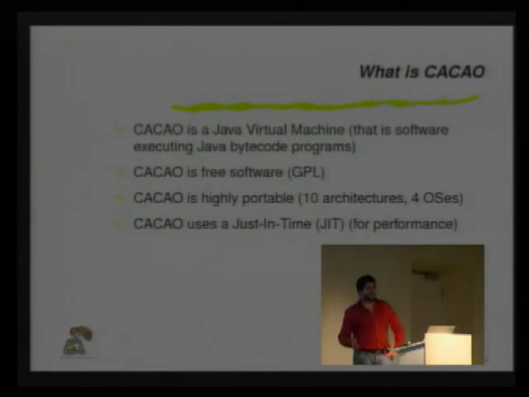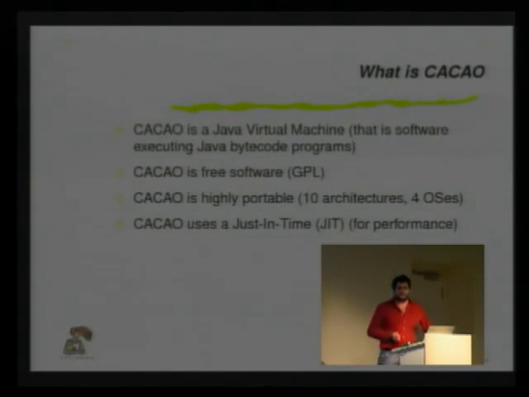Cacao is a Java virtual machine, and I think you all know this, but it executes Java bytecode. The Java language is compiled into bytecode by the Java compiler, which is machine independent. On the host system, or on the desktop computer or wherever a Java program is run, a just-in-time compiler or interpreter, but in our case a just-in-time compiler, comes into place and translates the bytecode into machine code, which then gets executed.